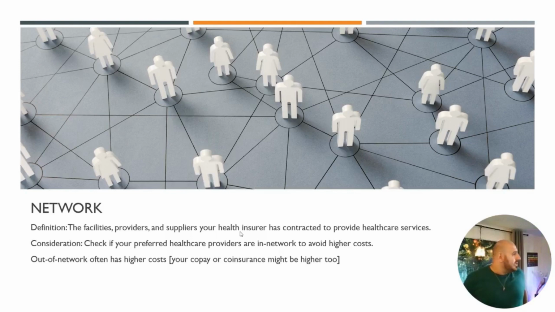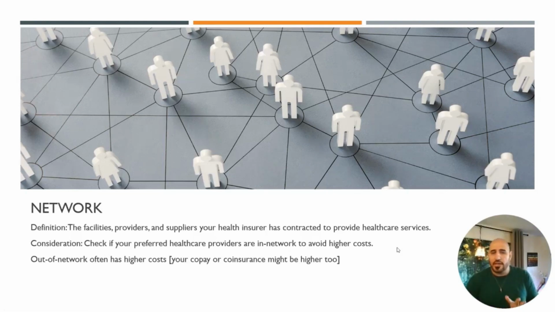So there's in-network and there's out-of-network. These are the facilities, providers, and suppliers that your health insurance has contracts with to provide healthcare services. Because they are contracted, your services might be cheaper there than in other places.